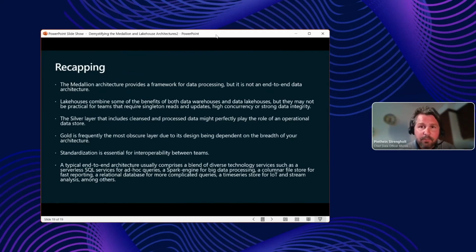Lakehouses, like we also discussed today, combine the benefits of classic data warehouses as well as data lakes. The silver layer, often I see at organizations, it could play the role of an operational data store. If you keep it still source oriented, it could very well also support the business with the operational queries or the operational analytics they would like to perform.